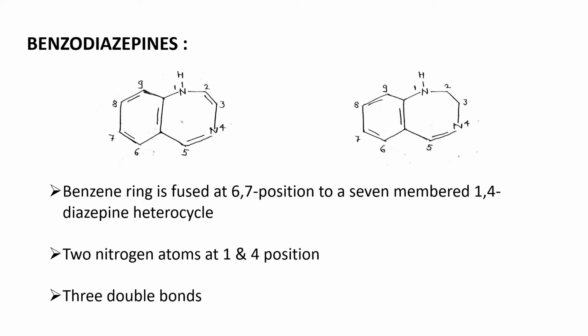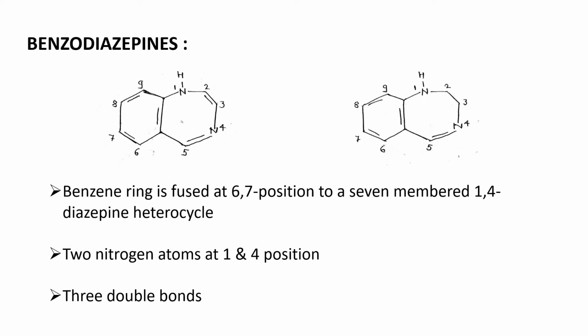Now see, if I see this first part, this is the structure of benzene, and the second ring, see this second ring, this is your ring of 1,4-diazepine.